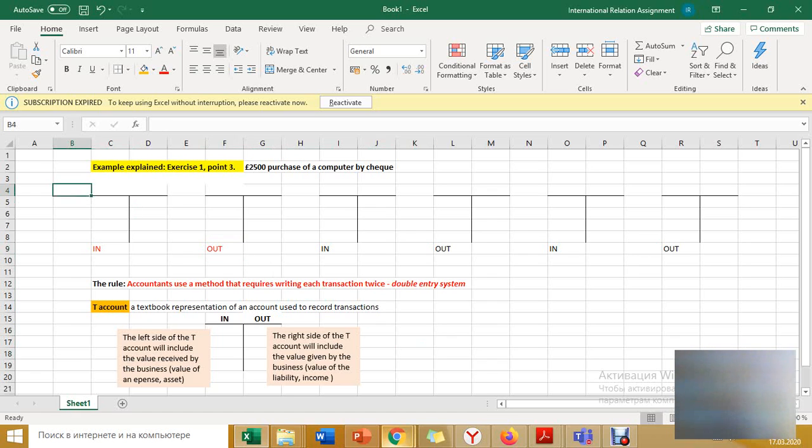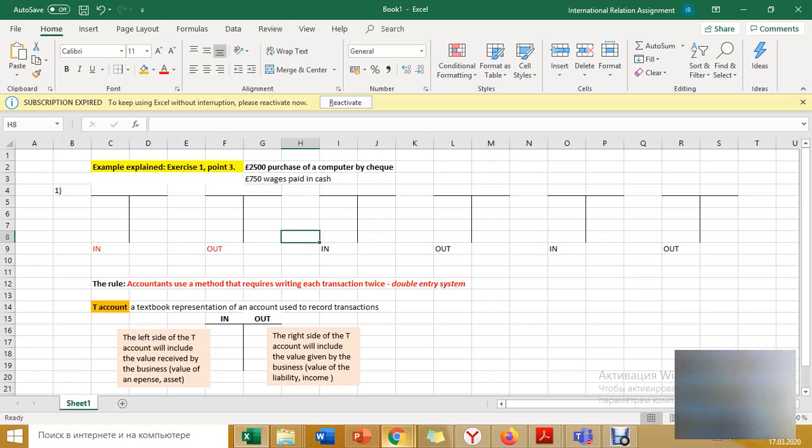So for example, example 1 will ask you to represent a transaction for £750. You remember we said that all the transactions are going to be in pounds, £750 wages paid in cash, right?